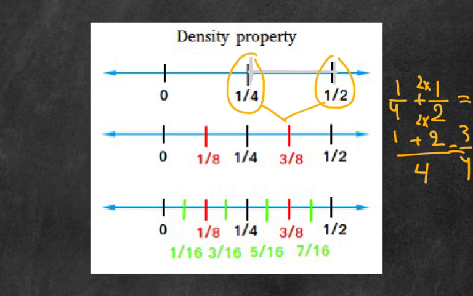Then we will divide 3 over 4 by 2. 2 means no denominator, so it's 2 over 1. When we divide fractions, it will be 3 over 4. We keep the first fraction, we change the divide to multiply, and we write the fraction as 1 over 2.